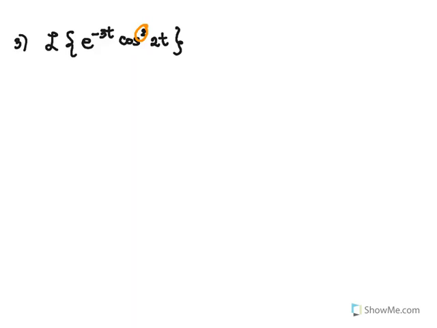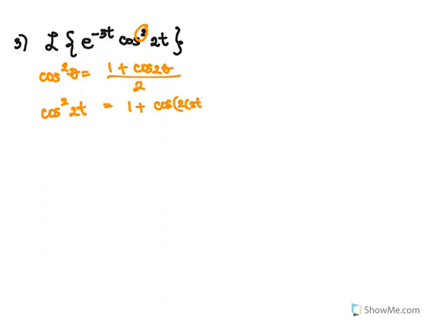In our case, cosine squared theta is equal to 1 plus cosine 2 theta all over 2. Therefore, cosine squared 2t can be written as 1 plus cosine of 2 times 2t all over 2, or just 1 plus cosine 4t all over 2.